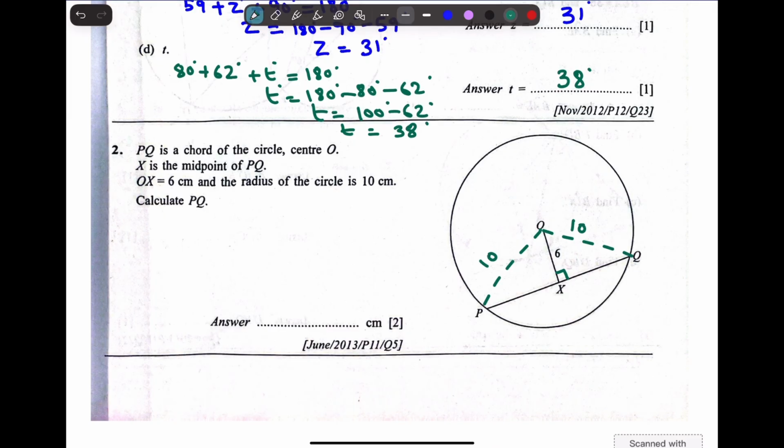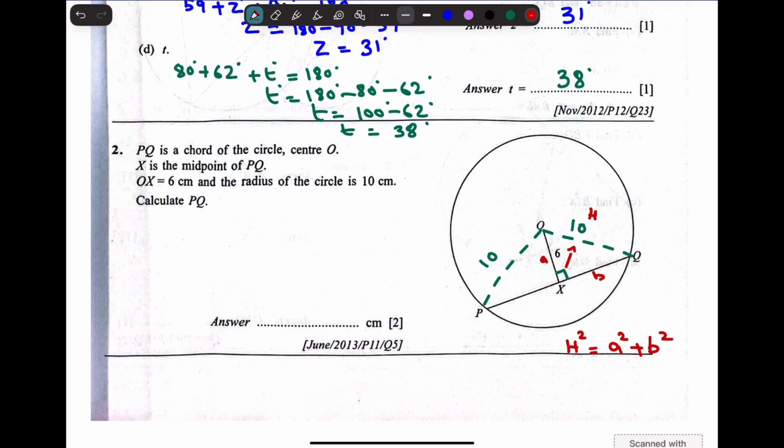Okay, so since we have a right angle triangle here and we know that OX is 6 and OQ is 10, let's first label the sides of the right angle triangle. So the length which is opposite to the right angle is the hypotenuse. Okay, and using Pythagoras theorem, we know that h square is equals to a square plus b square, right? So this is a and b, the legs of the right angle triangle.